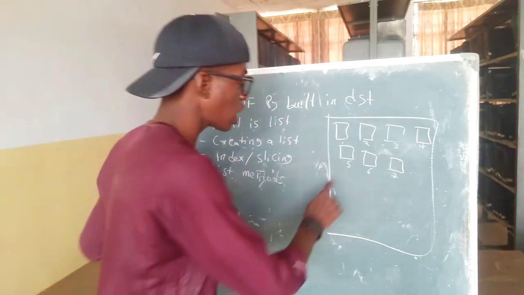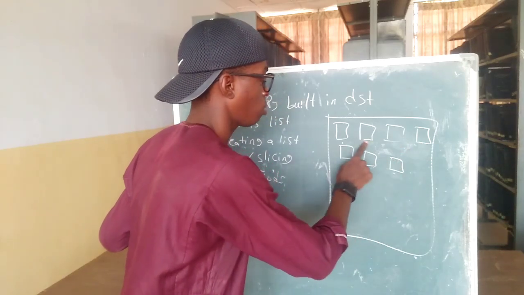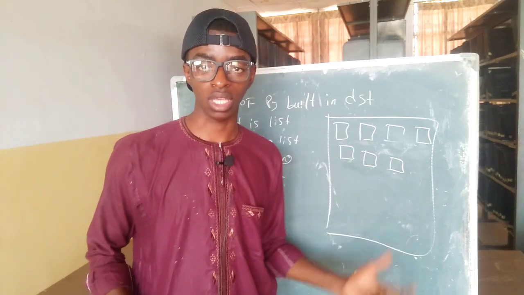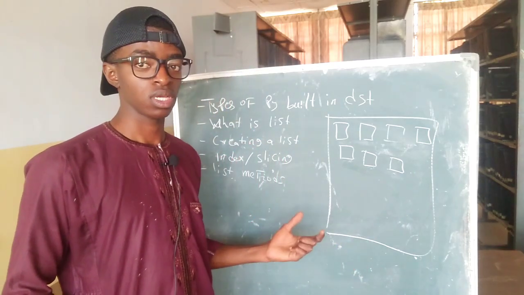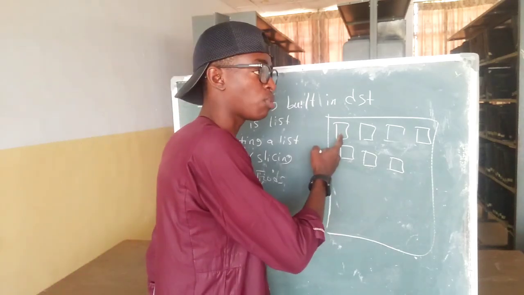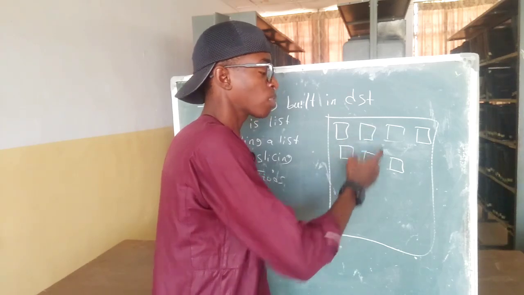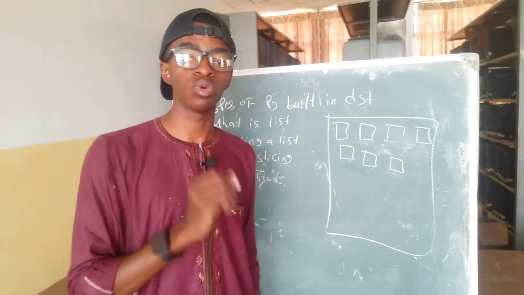But let's assume that when I organize the data, they don't have these numbers attached to them, and all the boxes look the same. Then I want to look for box 6. For me to find it, I have to check: is it box 6? No. Then I check this one. Is it box 6? No. I have to check each and every box until I find the one I want.